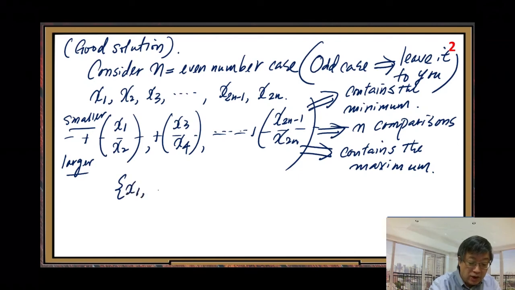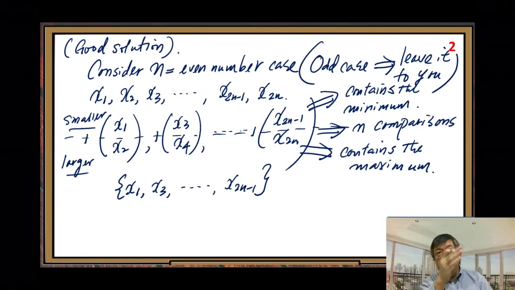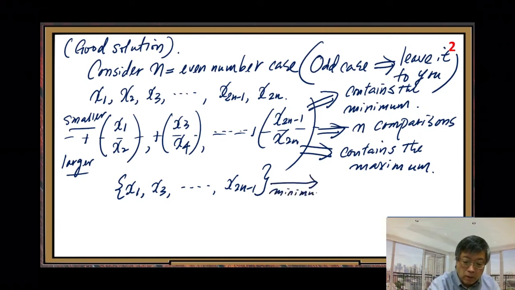So the last step to get the minimum: let us list all the elements in the upper group. Total number, n elements. To get a minimum from n elements, we need n minus 1 comparisons.